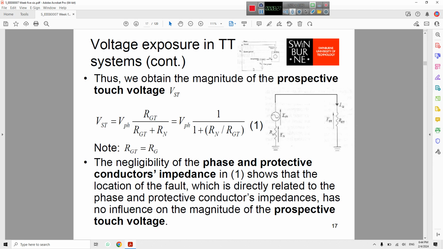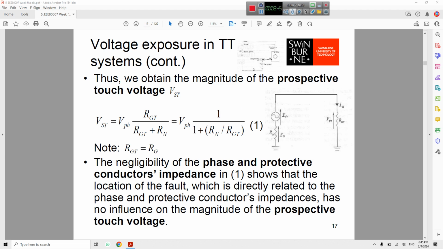So by this introduction, as you can see in the circuit on the right hand side, the magnitude of the VST is equal to V phase, which is the calculated value for the VST.